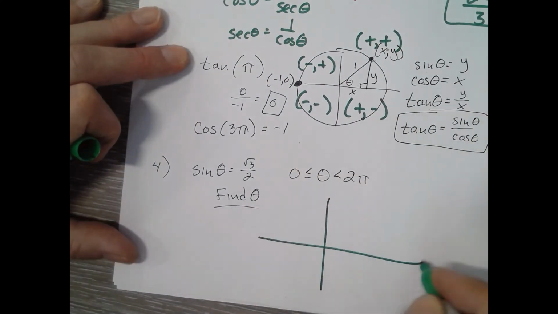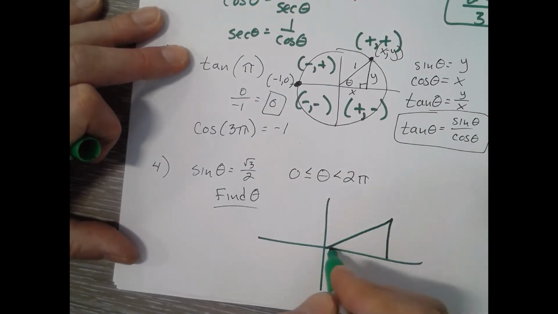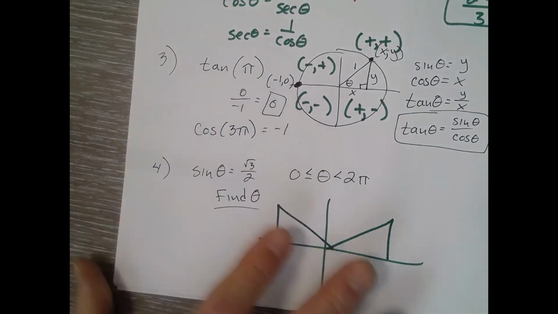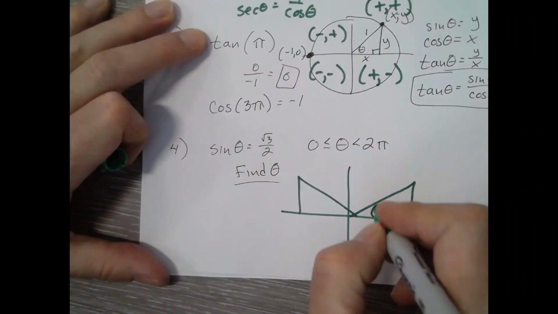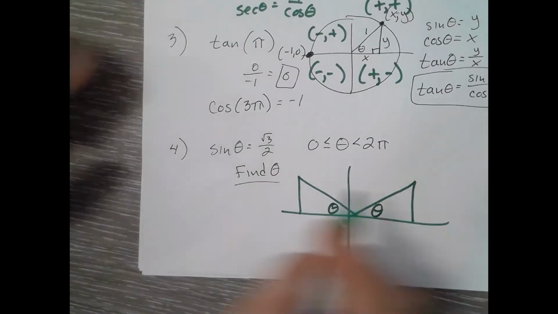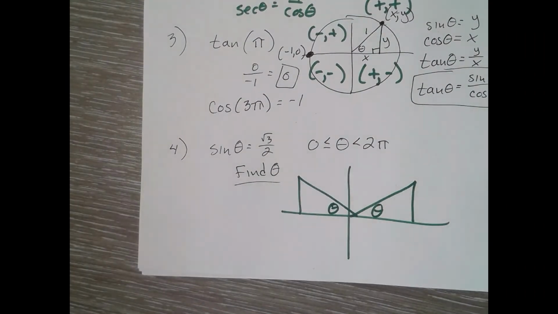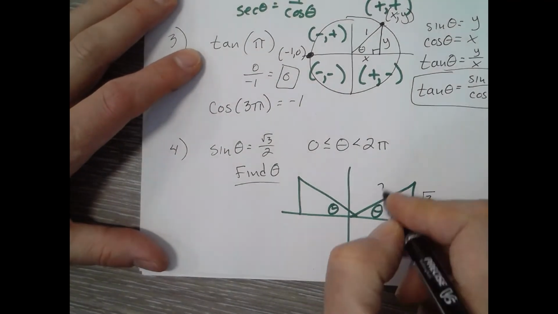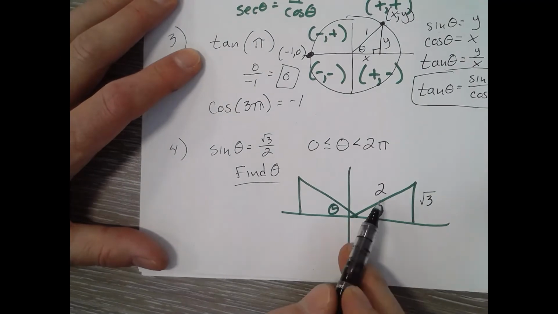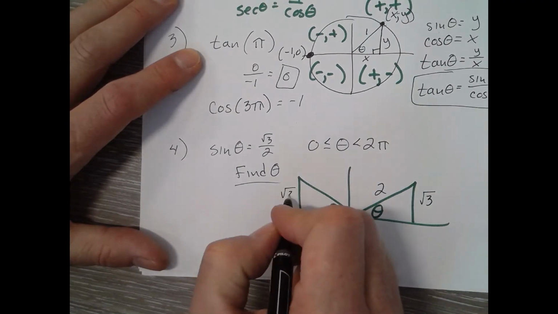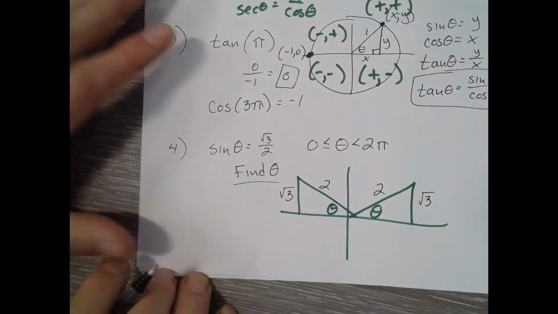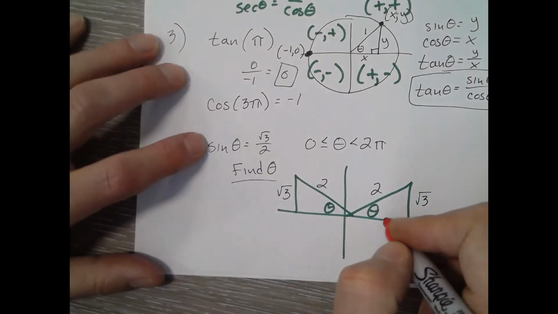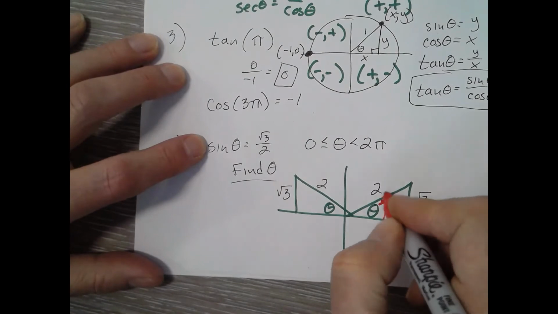All right, so we have 2 triangles to figure out. Each of those triangles has a reference angle theta, and the sine of theta is square root of 3 over 2. Opposite over hypotenuse. So we have this for an answer and this for an answer.